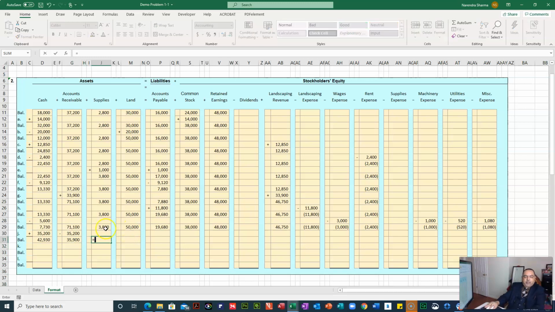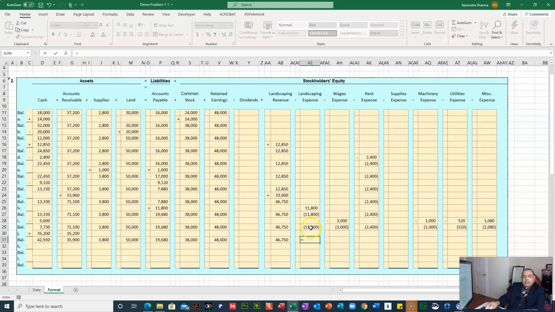And supplies will remain as 3,800. Land will remain 50,000. Accounts payable will remain at 19,680. Common stock will be 38,000. Retained earnings will be 48,000. 46,750 is the landscape revenue.